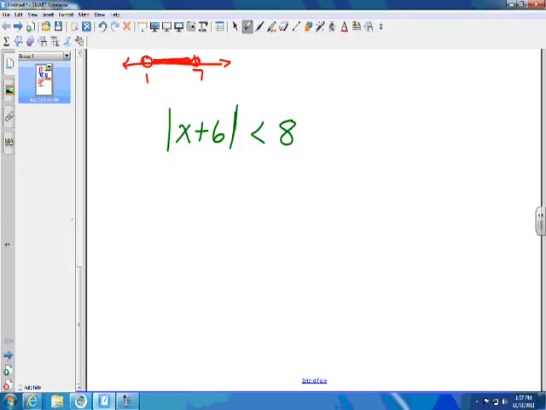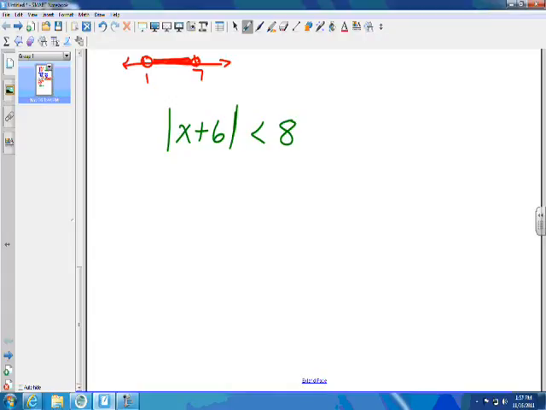Every single problem, the first thing you have to do is make sure the absolute value stuff is the only thing over there. Is that the case here? There's nothing else over there except what's inside the absolute value. There's not a plus 3 after that or anything like that. So the absolute value is by itself, and what sign is this? Less than.